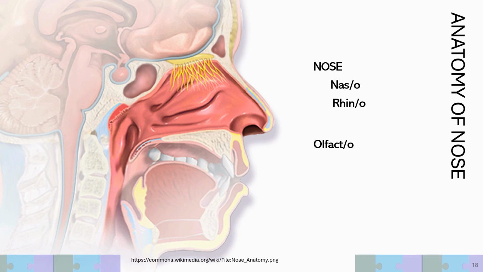Olfacto is a root term that we use for our sense of smell. So if you look on your word list, the term olfacto refers to our sense of smell, which of course is what is happening here at the nose. So naso and rhino refer to the actual physical nose itself, right, and the structures. Olfacto is our sense of smell.